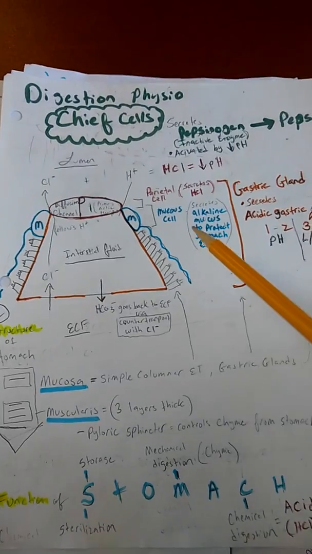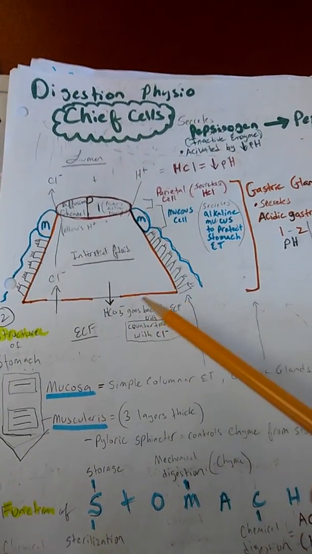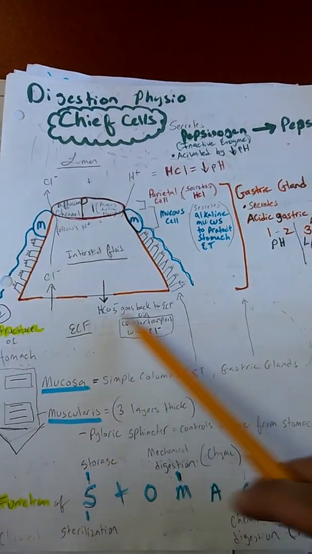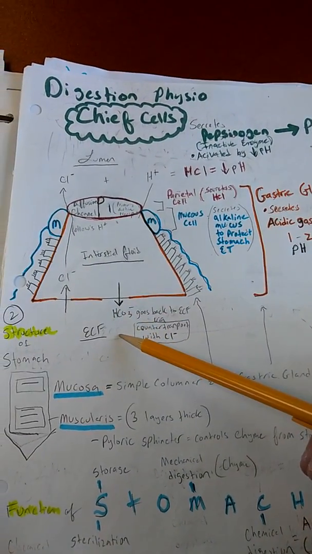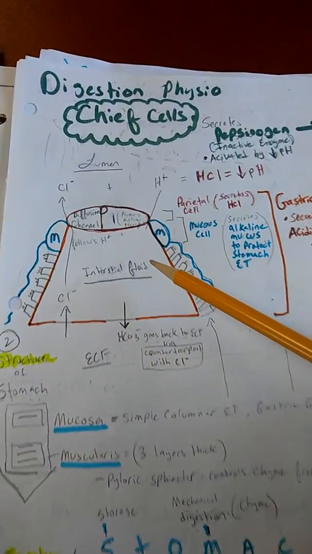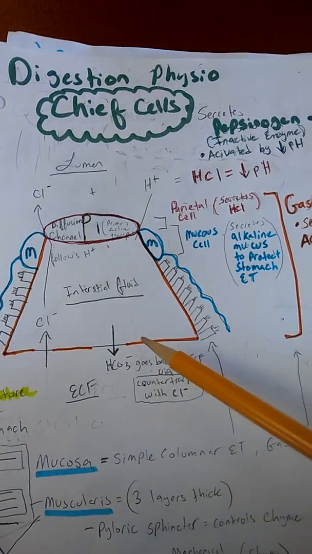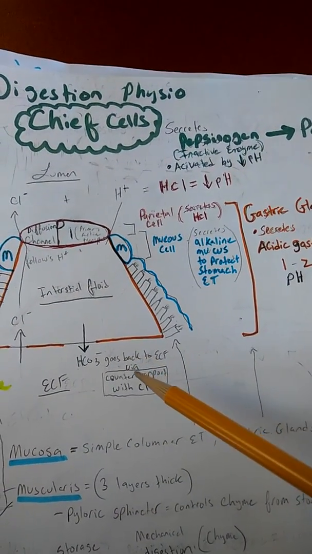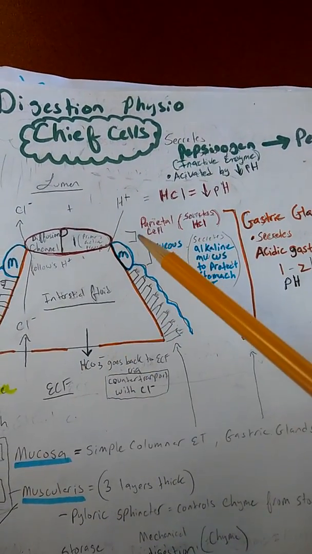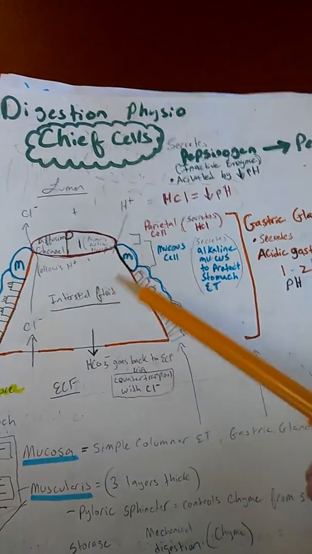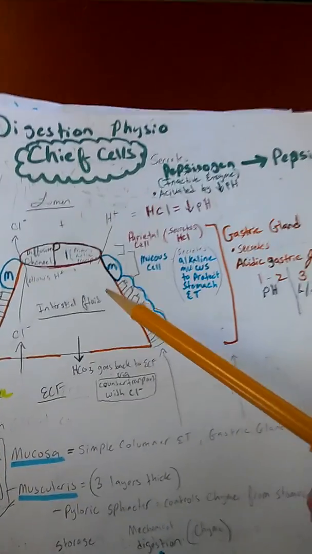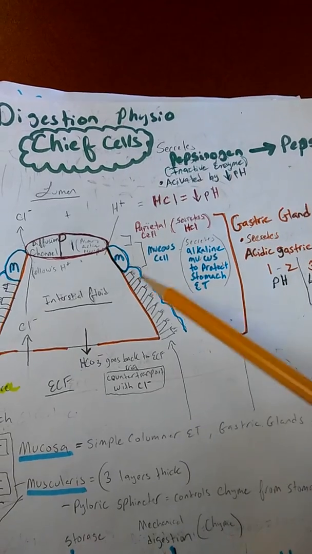All right. So now, some sections that we need to know. In the picture, it goes from here and up. So we'll have the ECF, the interstitial fluid, and the lumen. All right. So now first off, the volcano is going to erupt, right? So it's going to erupt acidic properties.